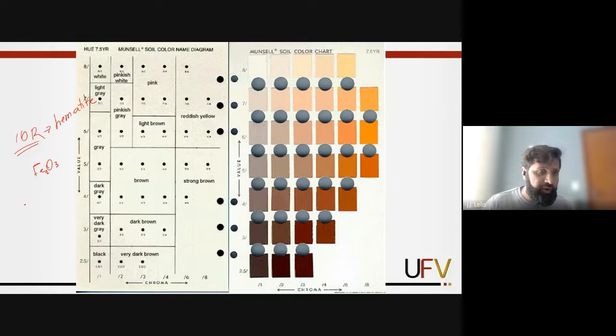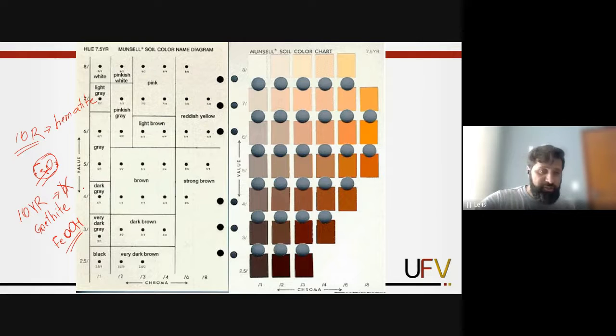And if I find a soil horizon that's like this, I don't have hematite, I have goethite. It's another mineral. So the color reflects the minerals that I can find in the soil.